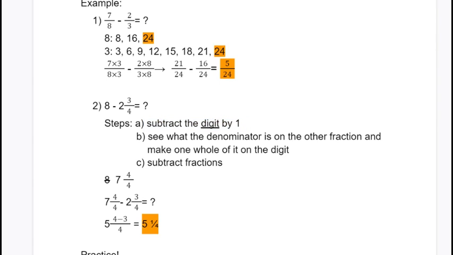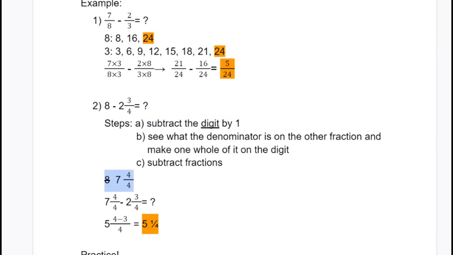When I say digit here, I'm referring to the whole number, which is 8. Then you see what the denominator is on the other fraction to make one whole of it on the digit, and then subtract the fractions. It might be a little wordy, but we're going to work through this, and then you'll better understand it.